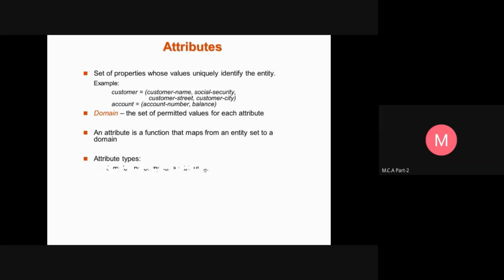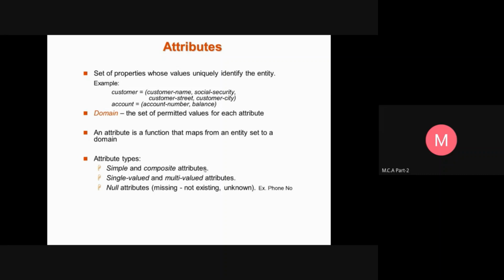We also saw various attribute types like simple and composite attributes, single valued and multi-valued attributes, null attributes. We saw all of these. But when we say null attributes, take, for example, the phone number of a student. While entering the data, supposing we don't have it at that point of time, we enter a null value.